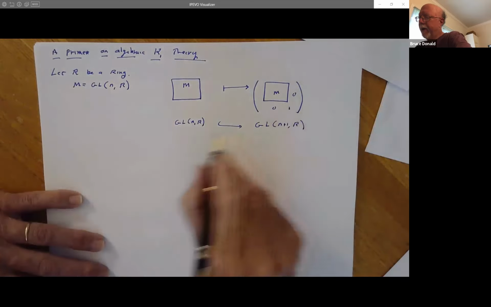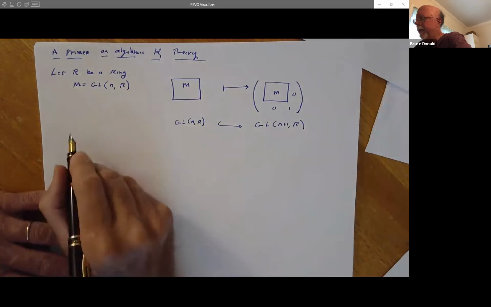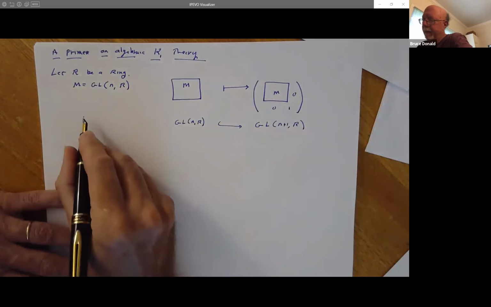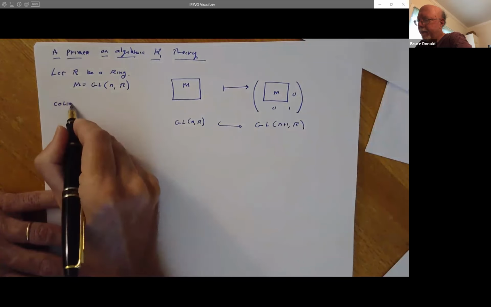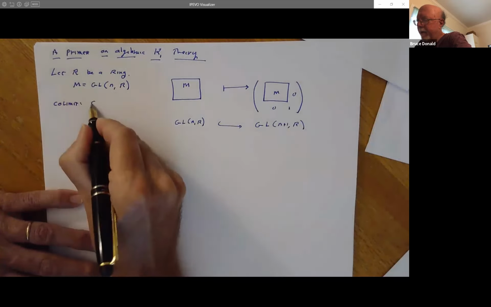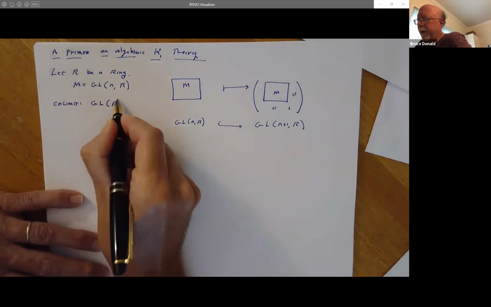And in this way, we can look at a network of all of these. We can keep including these and take the infinite limit. And that thing is called a co-limit. And it's denoted GL(R) like that.